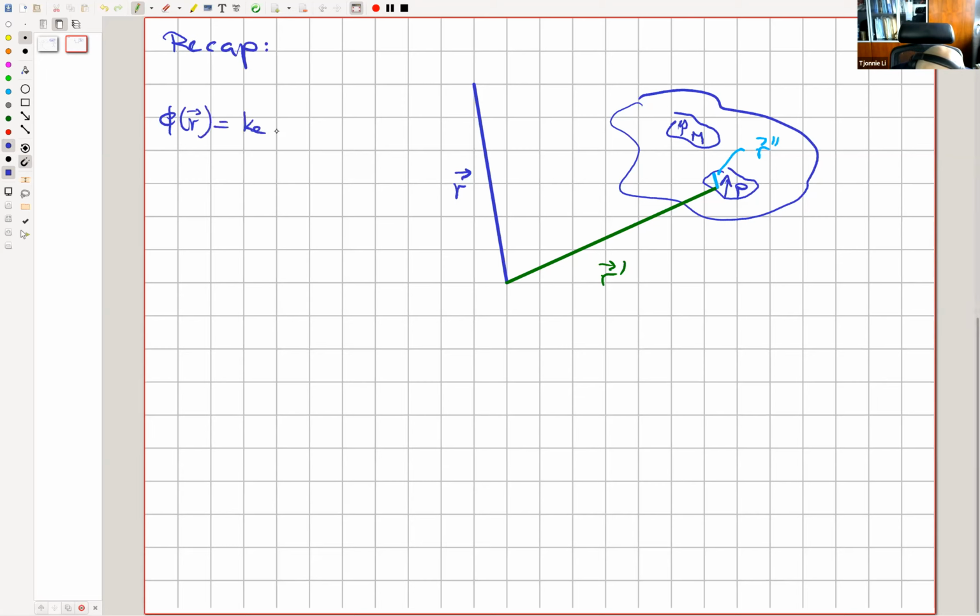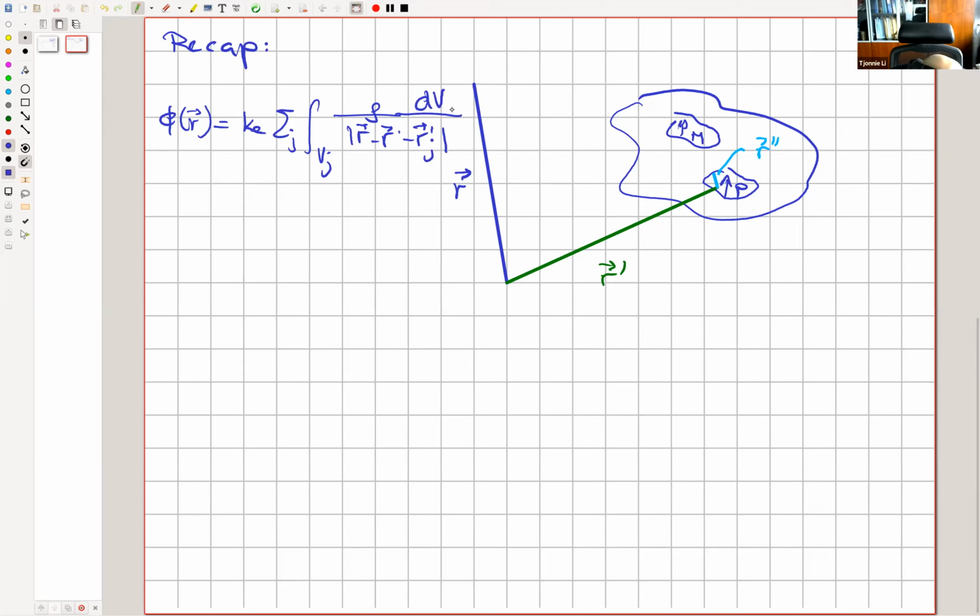It's just Ke times the sum over all the j's, where j in this case is all the different elements here and here, and then, of course, integrating over the volume. And here's rho, and then, of course, the distance r minus r prime j here.